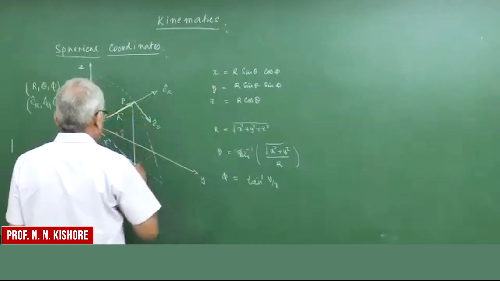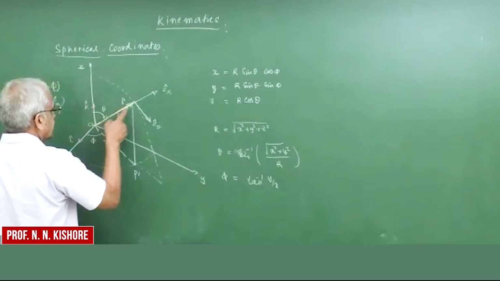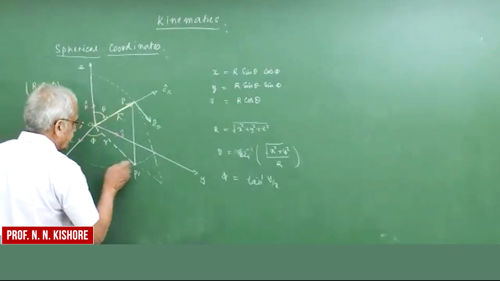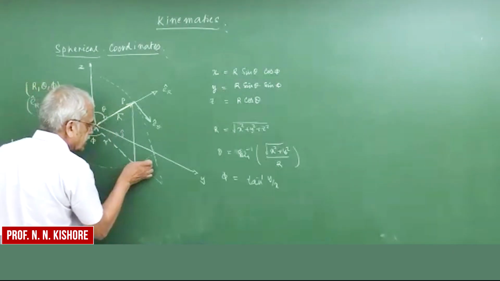And then with r and theta constant, phi is increased. So for example, phi is increased like this.